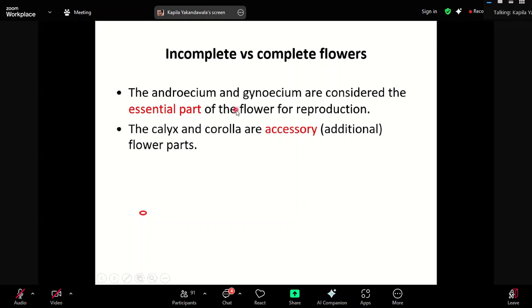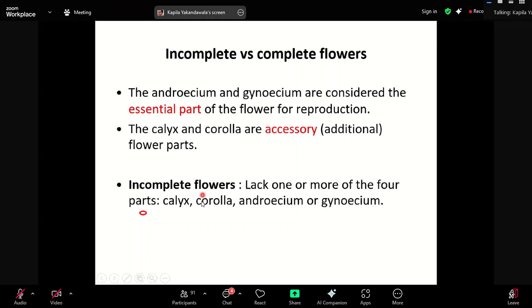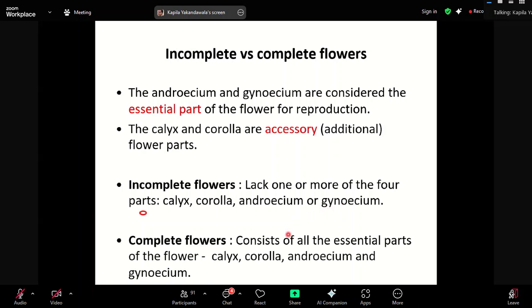Incomplete flowers means a given flower lacks one or more of four parts: calyx, corolla, androecium or gynoecium. If one of these parts is lacking, we call it an incomplete flower. If the flower consists of all the parts, essential and accessory, we call it a complete flower.